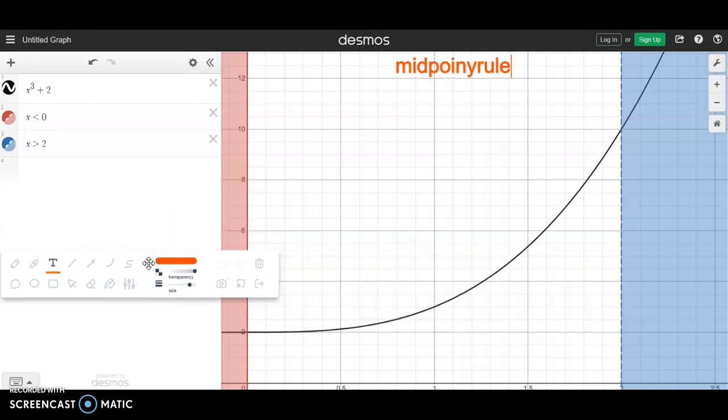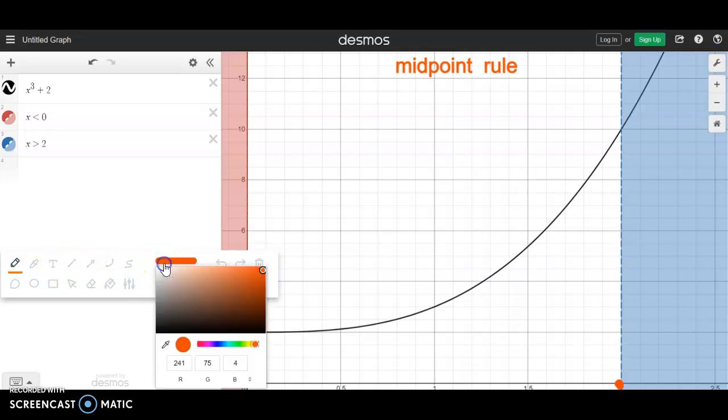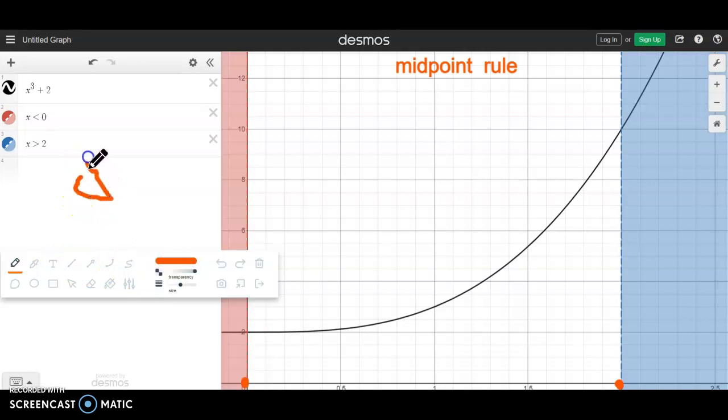We're working with an interval of 0 to 2, and over this we know that delta x is basically the size, or the base, I like to call it, along the x-axis of our rectangles.